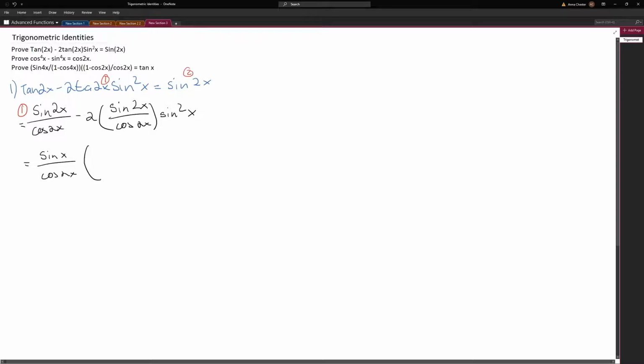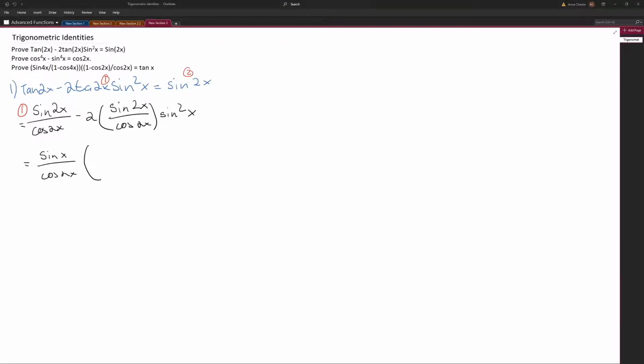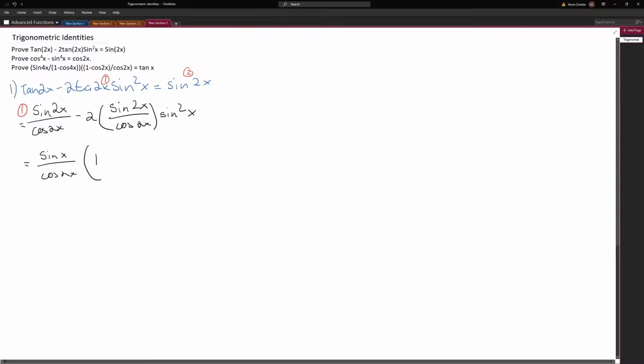Now we take this out, and what we're left with is 1, because we divided this by sine of 2x, and then minus 2 sine of 2x. What do we know this as? Well, we know that that is equal to cos of 2x, right? That's the other form that we have learned.